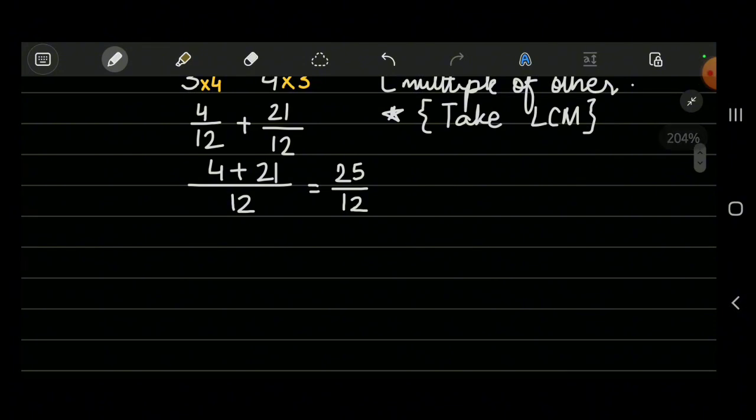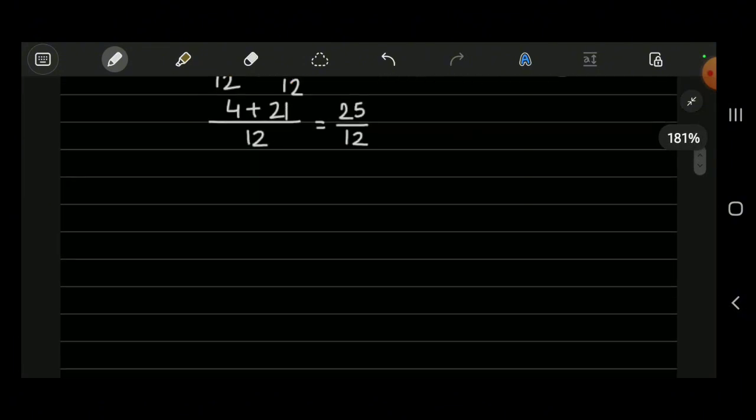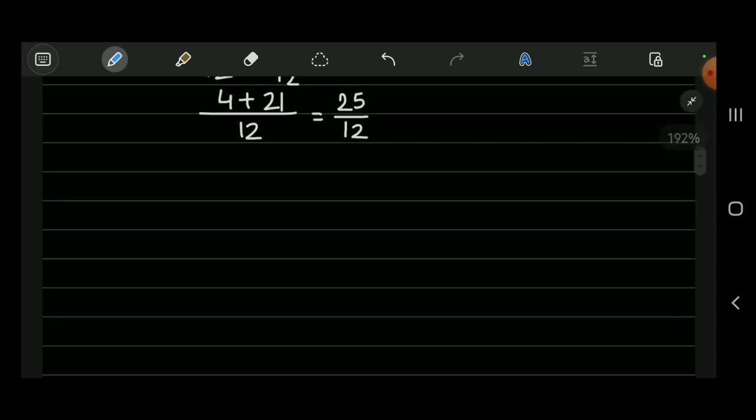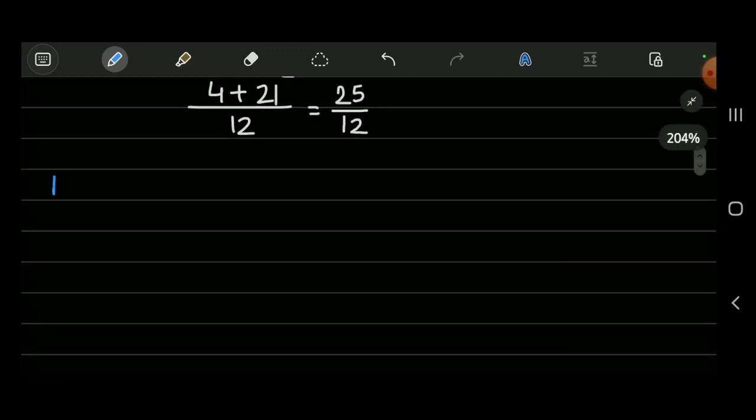Okay, now let's learn how we multiply or divide fractions. There are separate rules for each.